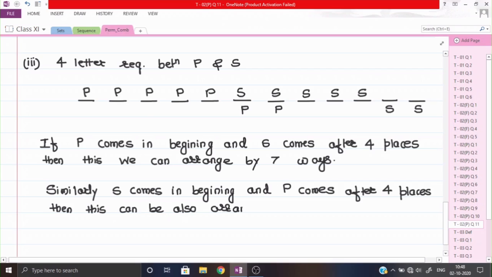Only the letters are interchanging, the arrangement will be the same, right? This can be arranged by 7 ways.